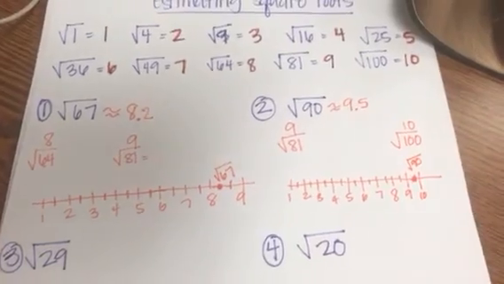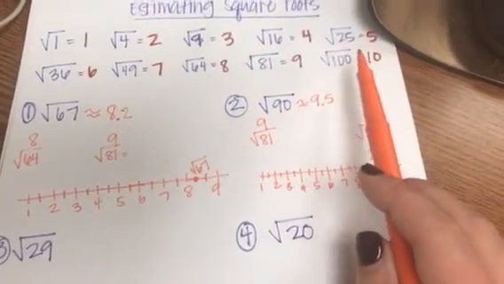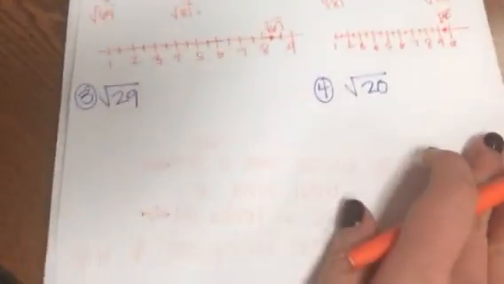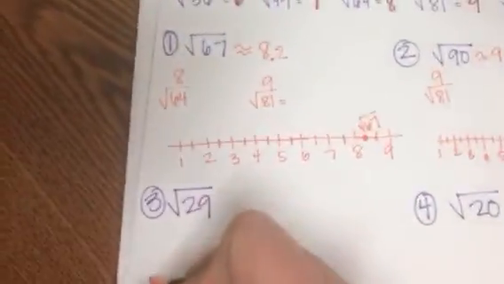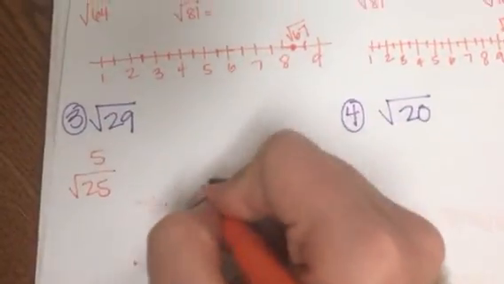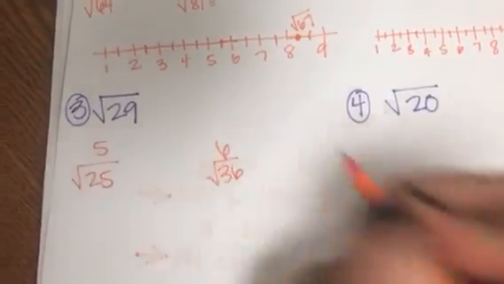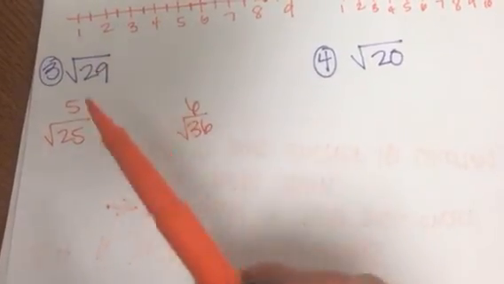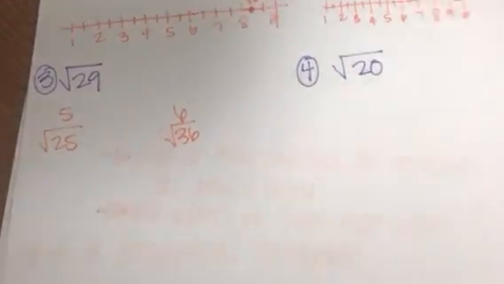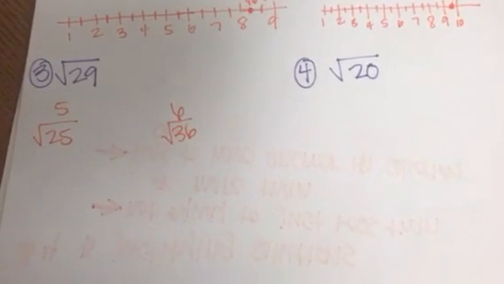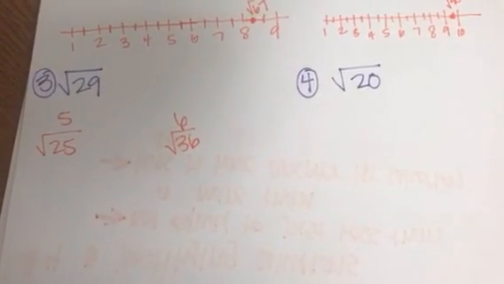Okay, let's look at our perfect squares and think to yourself, what is the square root of 29 going to fall in between? Well, we have the square root of 25, which is 5, and the square root of 36, which is 6. And 29 falls in between those. Now, again, 29 is only 4 away from 25, and then it's 7 away from 36.